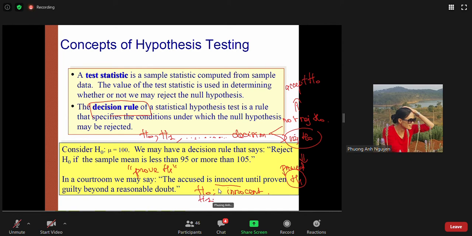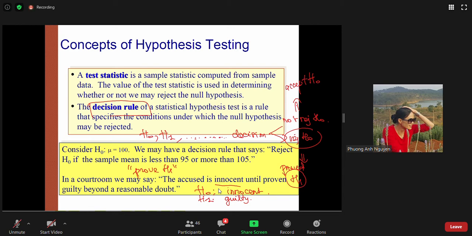To reject it means you can prove that the person is actually guilty, and the person has to go to jail. But if you don't have enough evidence to reject H0, then you have to accept that the person is innocent, and the person is free. In social science, it is exactly the case.